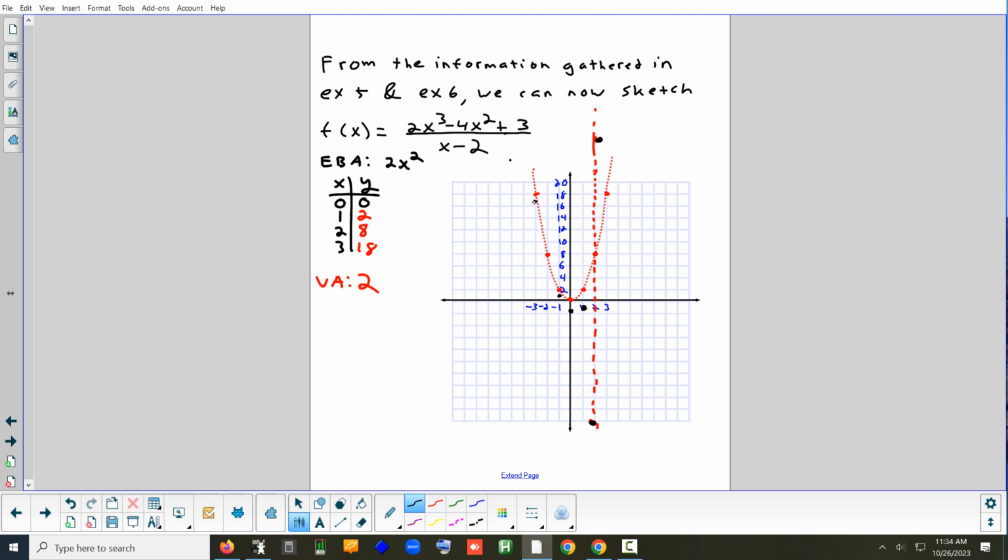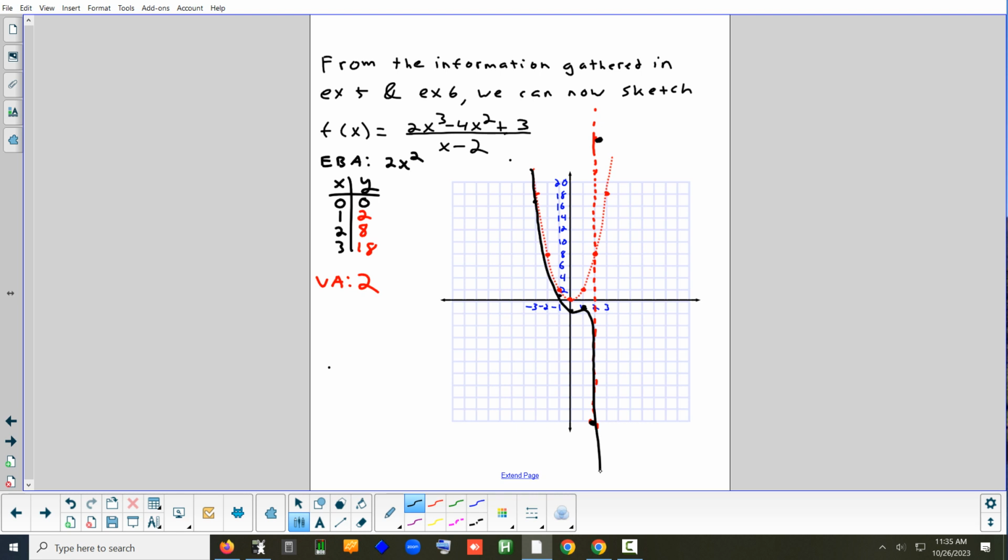I'm just going to estimate right about there. Okay, so what's happening on the left side is it's going to look something like this. Like half a parabola. Yep, it's going to stay very close, start moving away a little bit, and then it goes through those dots, and then it comes down just like that.